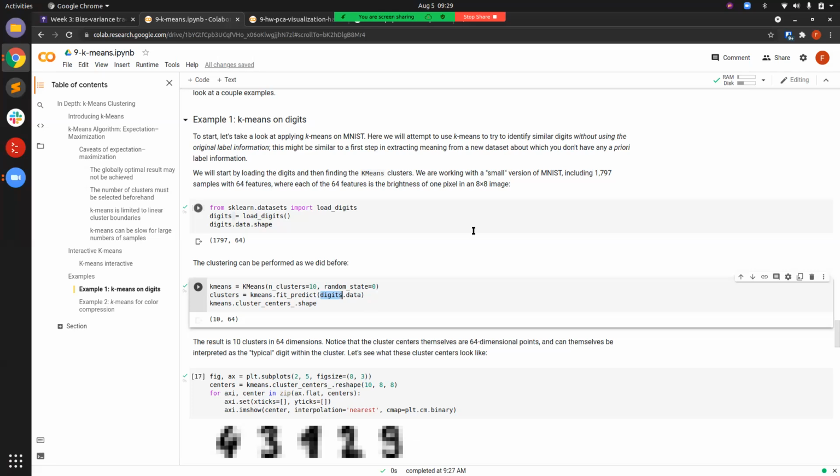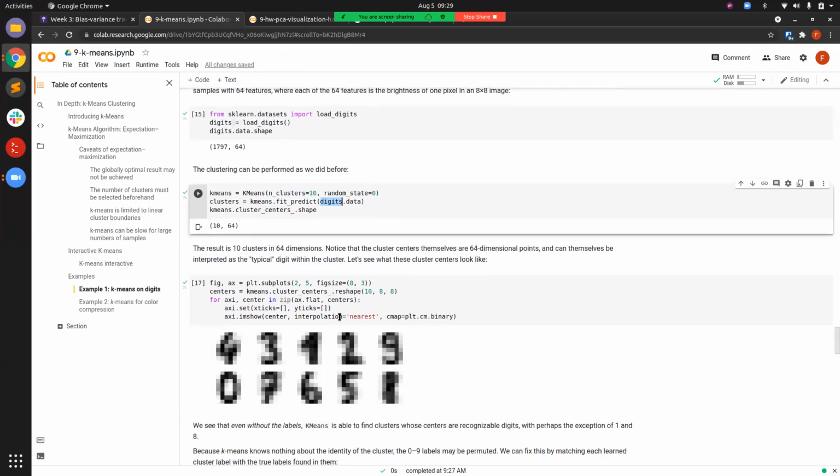But it still naturally clustered similar digits together, just because in the feature space, there tends to be less variation within a digit than there is between different digits. So in the 64-dimensional feature space, digits that represent the same number tend to be similar, and so they tend to be clustered together.